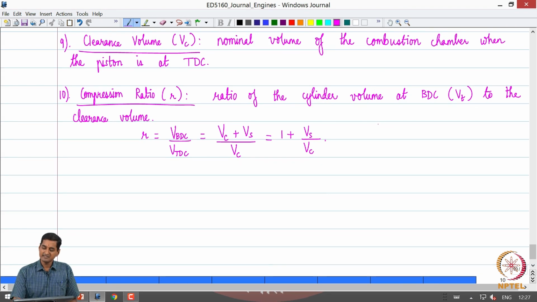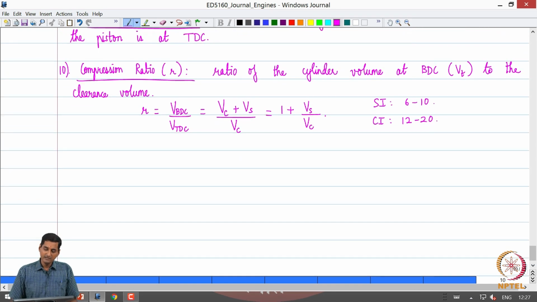For example, in SI engines R is typically between 6 and 10. In CI engines it is typically anywhere from let us say 12 to 20. So, it is a typical range of the values of compression ratios. By and large the compression ratio in diesel engines is higher than in petrol engines. We will see why as we go along.